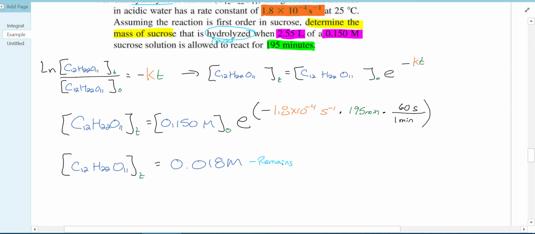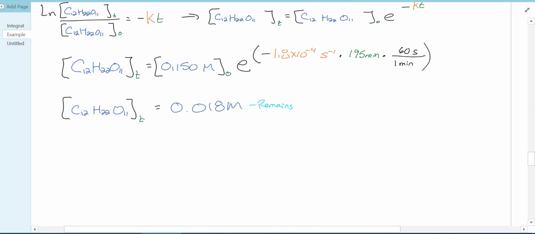Now, technically speaking, we should probably do it by figuring out the moles and grams of sucrose in 0.15 molar and the moles and grams in 0.018 molar and then subtracting the masses. However, because we're only going to have 2 sig figs here, we could take the molarities and subtract the molarities and do it that way as well. So what do I mean? I'll do it both ways.